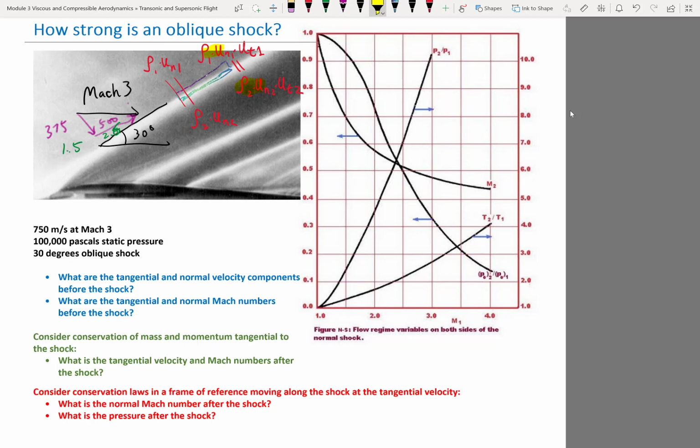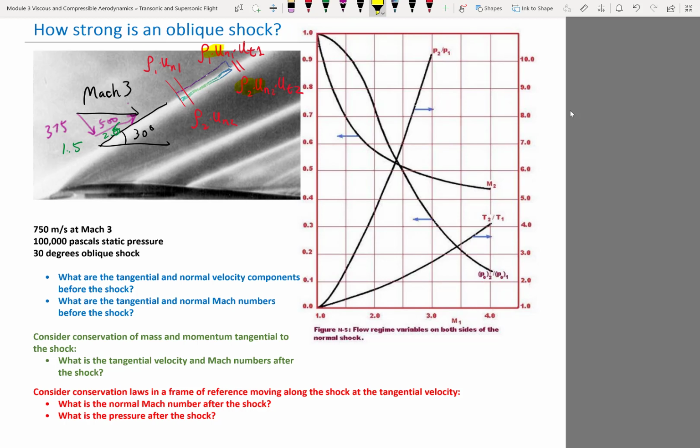I mean, it's the same, right? So imagine I'm moving along the shock wave. So the shock wave stays stationary with me, right? But I am moving not across it, but along it. How would the different frame of reference change the velocity vectors?